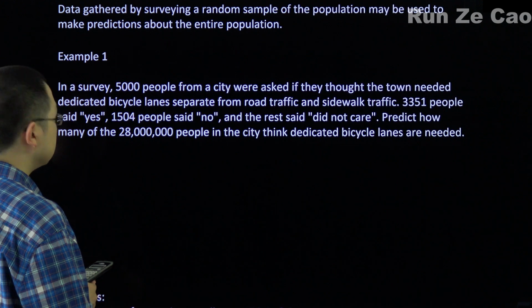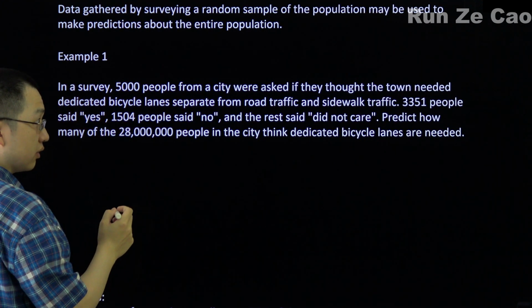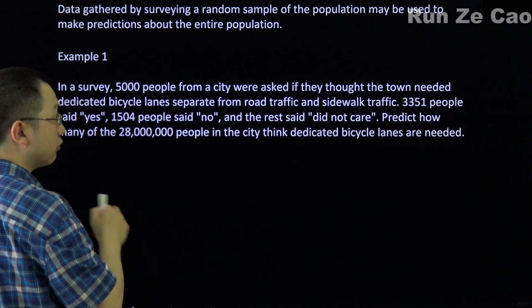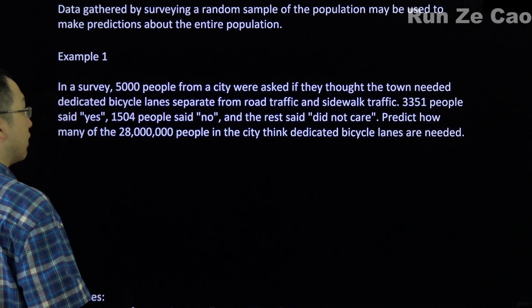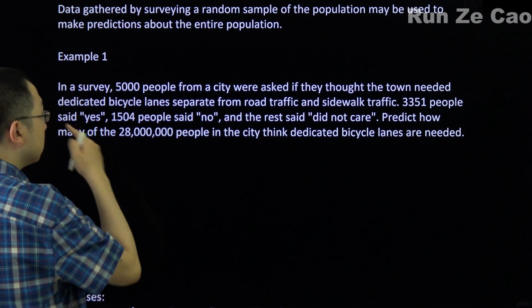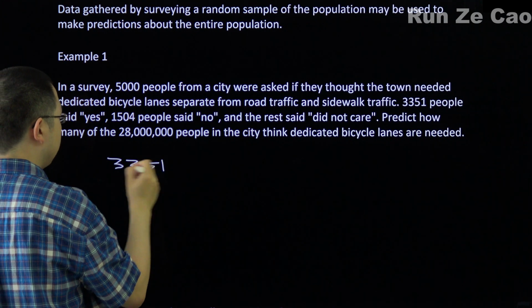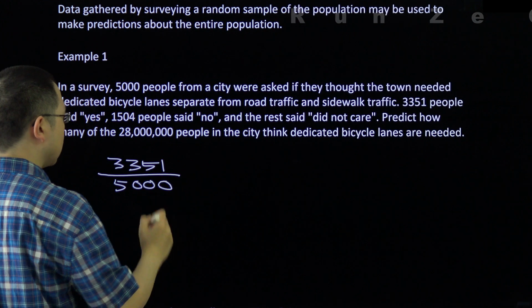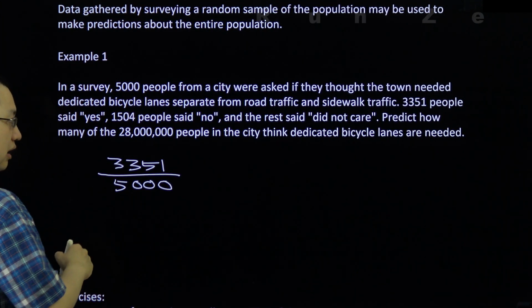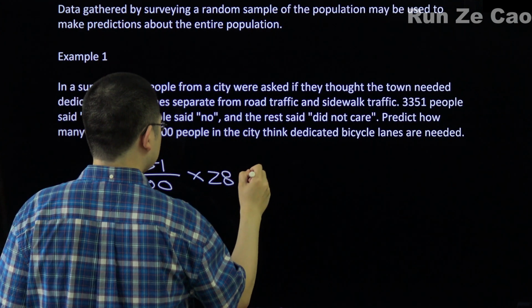So we got, assuming this is representative, so in other words, assuming these 5,000 people accurately represent the proportions in the city, as far as rounding error allows, you have 3,351 people saying yes out of 5,000. This proportion, if it applies to the rest of the city, you multiply by 28 million.